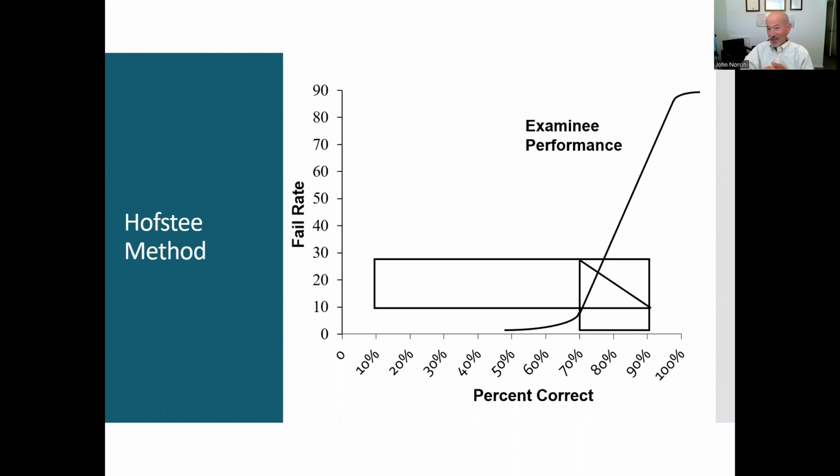I'll stop here and ask if there are any questions about this. When do you ask the judges to make this call, the fail rates and the percentage correct rate? Is it after going through all the items of the exam?